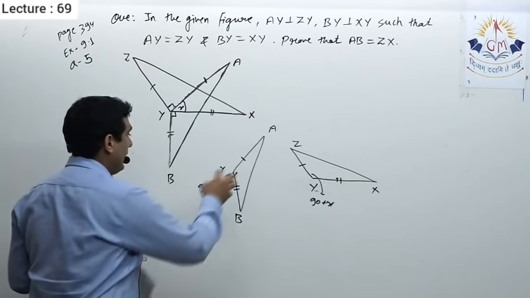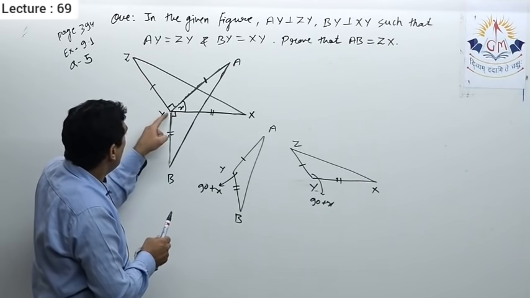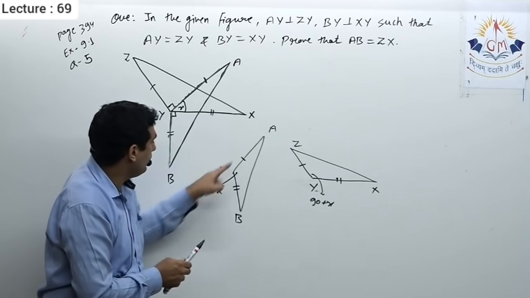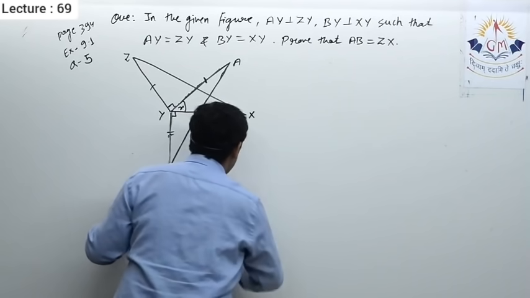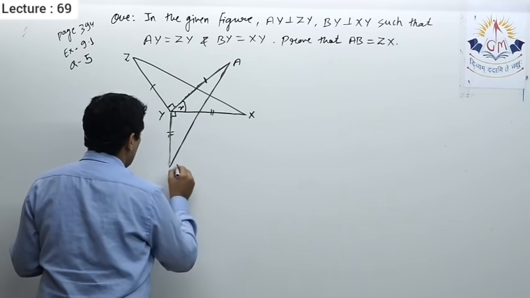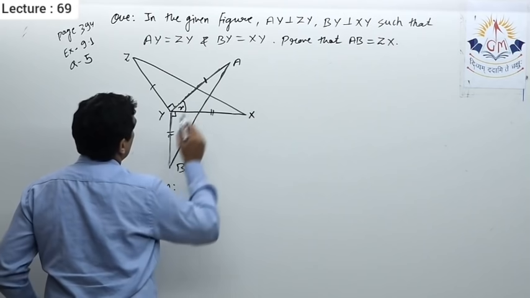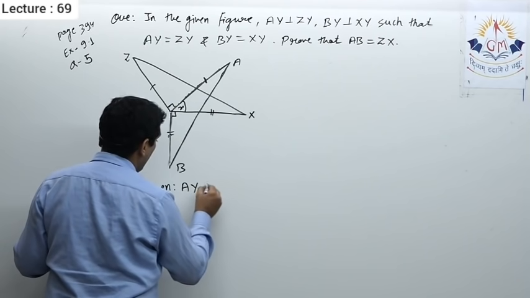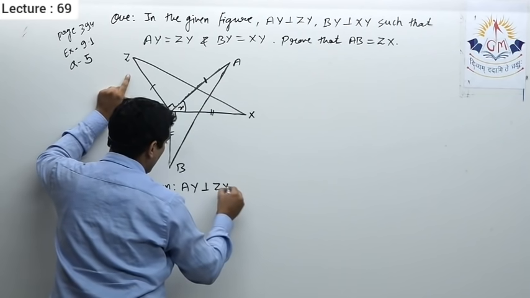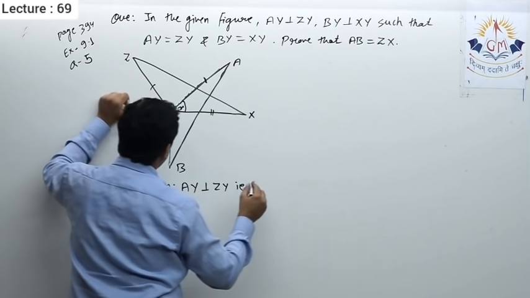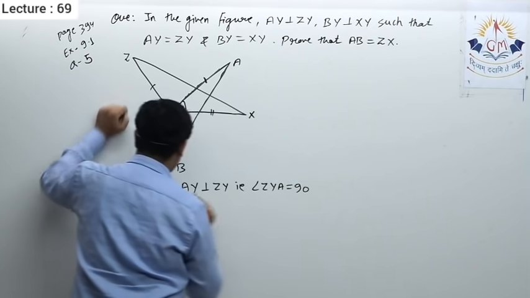So before I take these two triangles to prove them congruent, I need to prove angle ZYX is equal to AYB. So let us see how we have to prove it step by step. Given: AY perpendicular to ZY, that is angle ZYA is equal to 90 degrees.